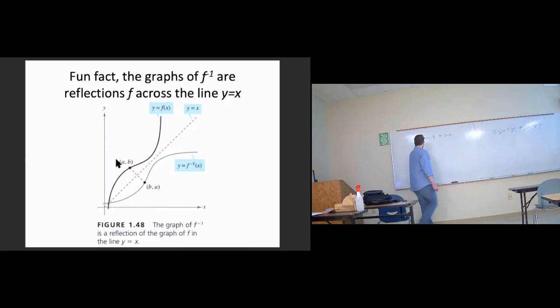Well, if that's the case, we know the inverse function of b has to send us back to x. So that's a. And that is going to associate with an ordered pair (b, a). And these are the mirror images of each other across the line y equal to x.